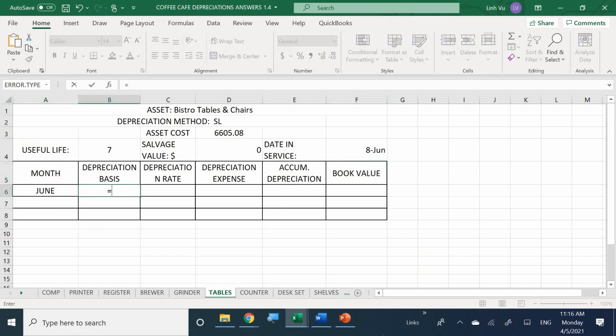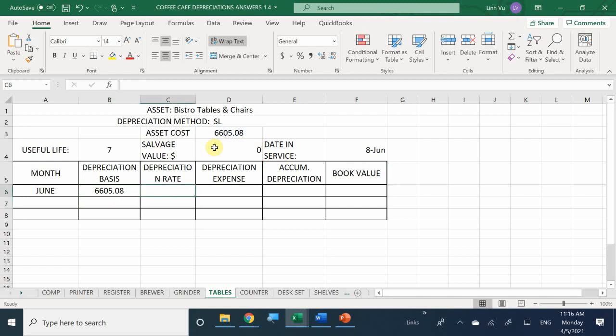What's my depreciation basis this time? Yes, it's going to be your asset cost minus salvage, which in this case salvage is 0. So it is 660508. What is going to be my depreciation rate this time?